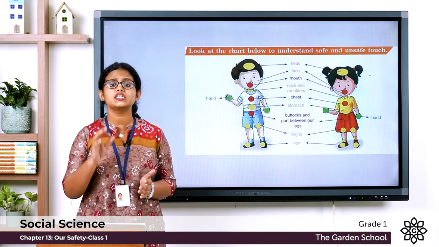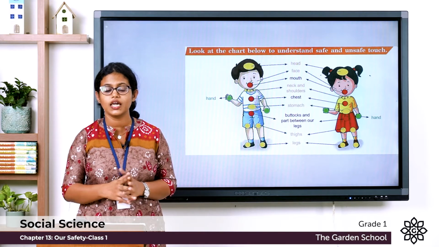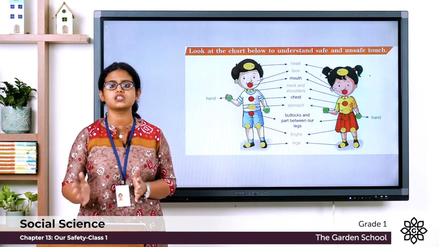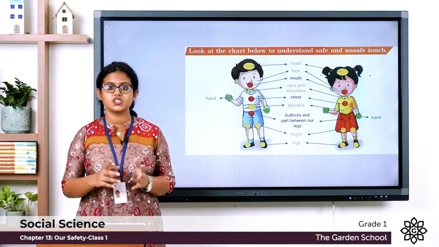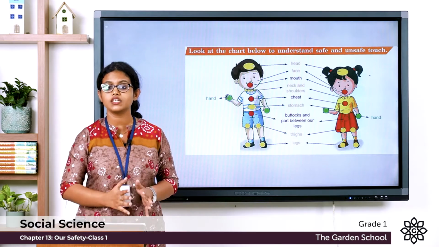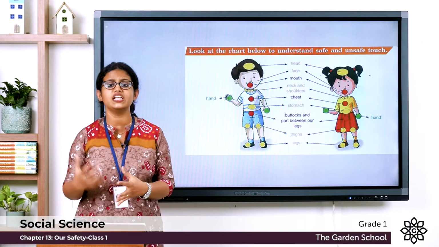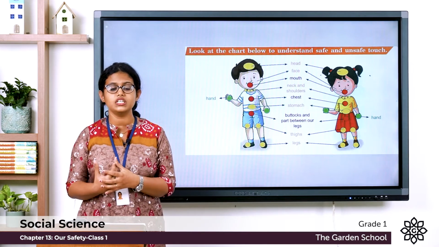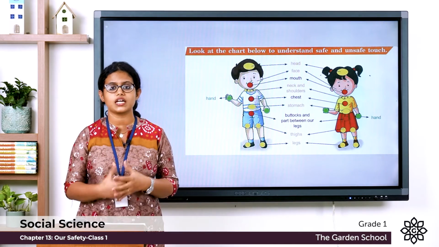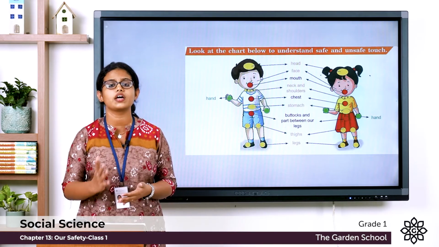But remember, it is okay if a doctor touches any private part of your body in the presence of your parents during a checkup. That is fine. That is good touch. Did you understand the difference between good touch and bad touch? The touch that makes us feel good is safe touch, and the touch that makes us feel uneasy, uncomfortable, scared is unsafe touch.